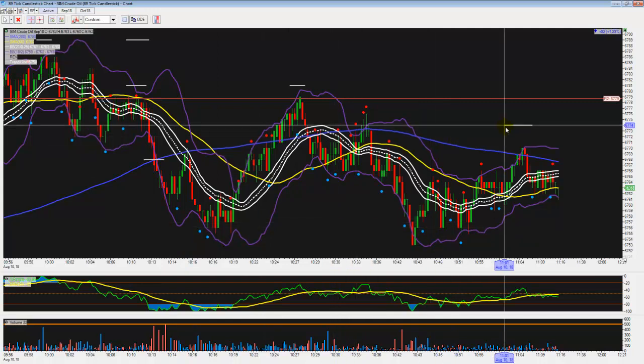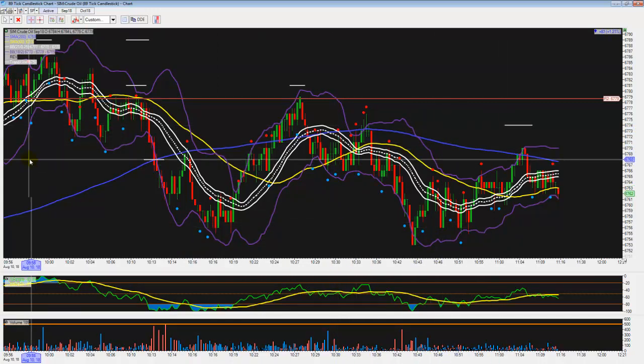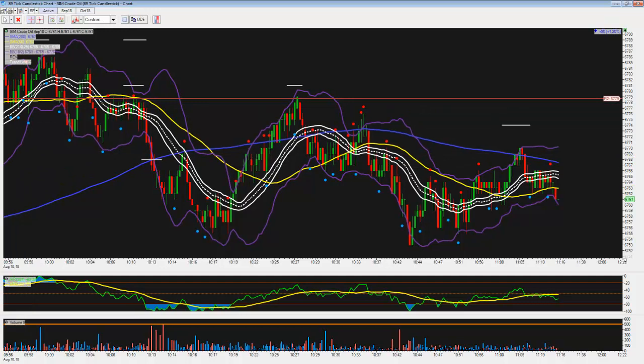I know it's all about lessening my entries and losing less on losing days. I mean, that is the key to success as a day trader. Let me restate that. Lose less on losing days.